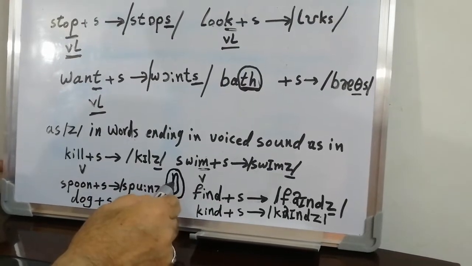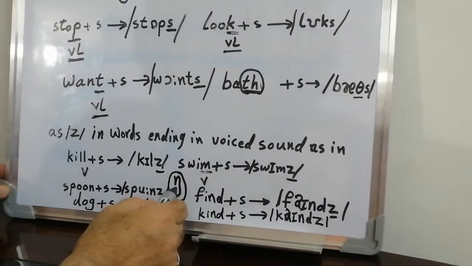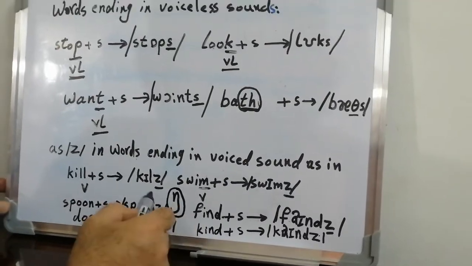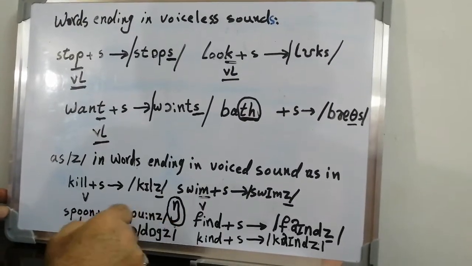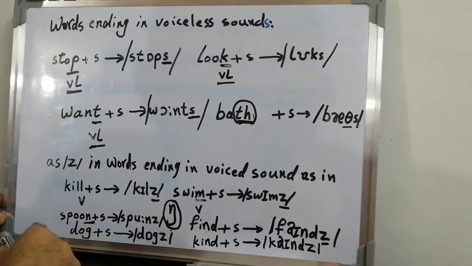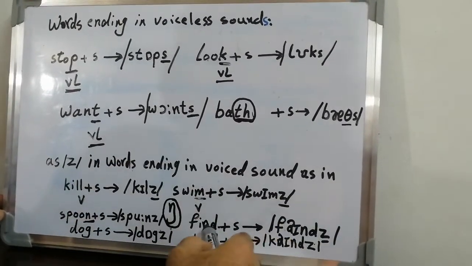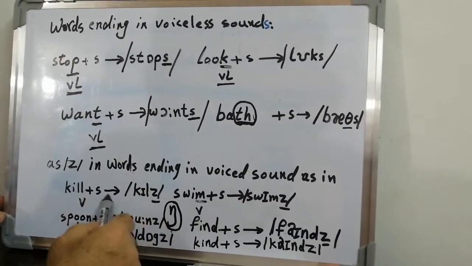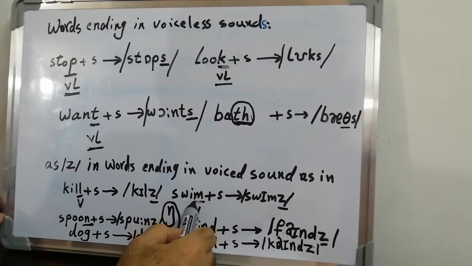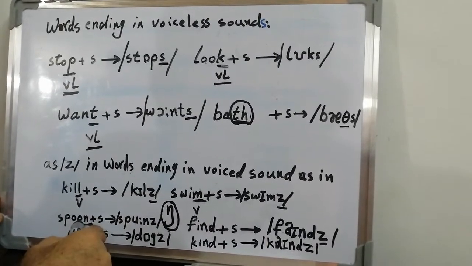So also when we find it at the end of the word, we pronounce s as /z/. So now we have the /n/ sound, we have the /ŋ/ sound, we have the /l/ sound. Here we have the /m/ sound. We pronounce it /z/.